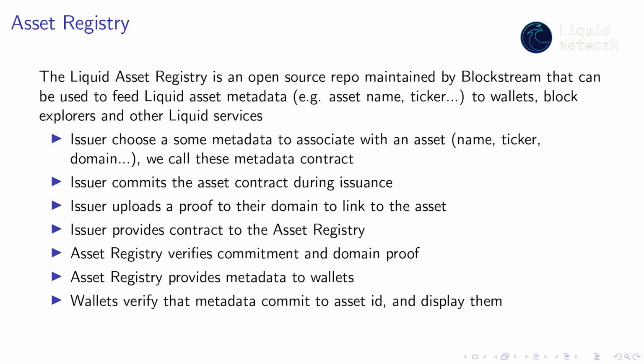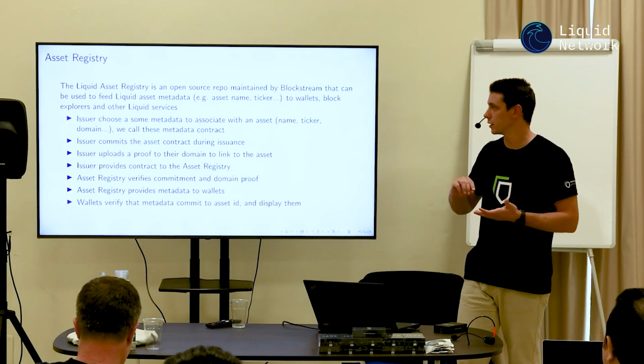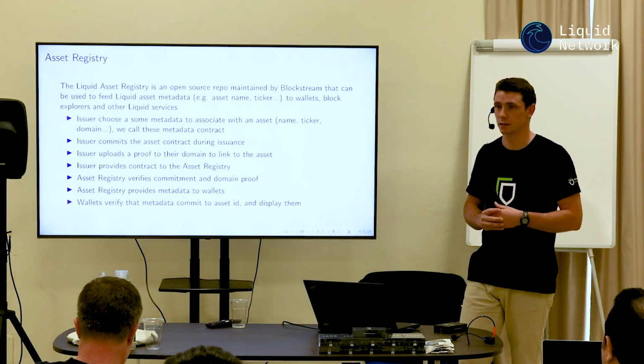You serialize it and then you hash it, so that is not explicitly in the transaction, and then it's serialized within the issuance field. And this issuance field is hashed again, and the result is the asset ID.